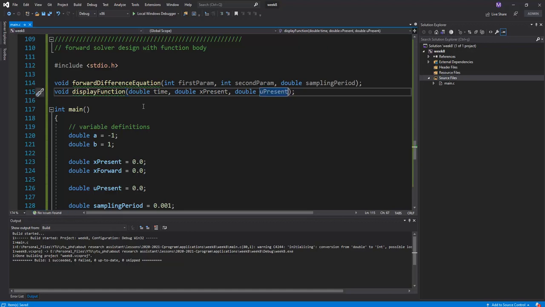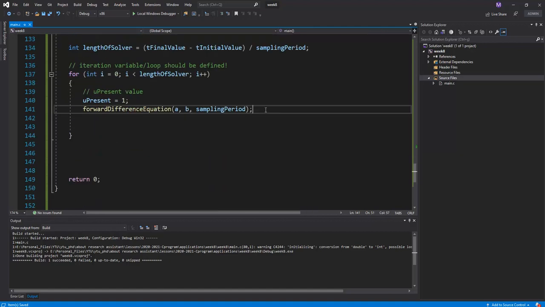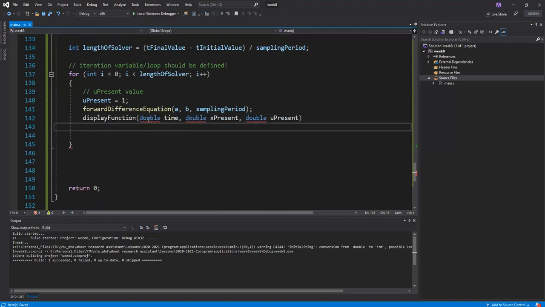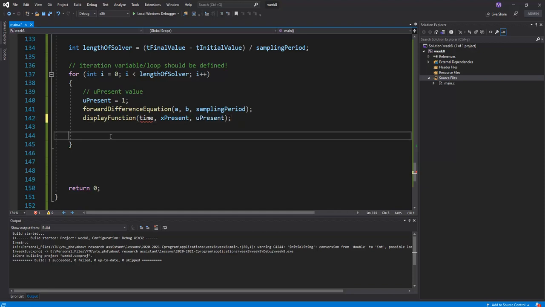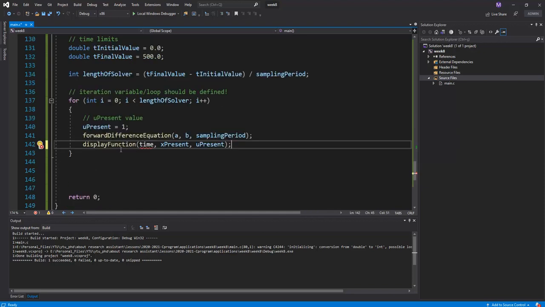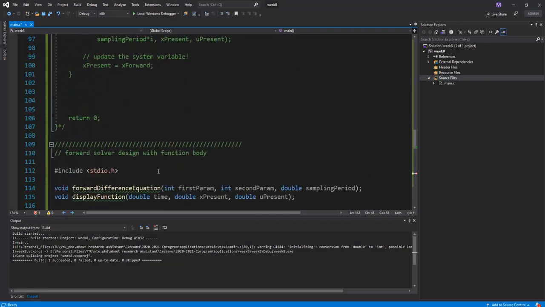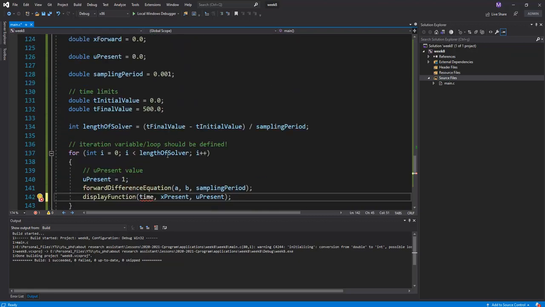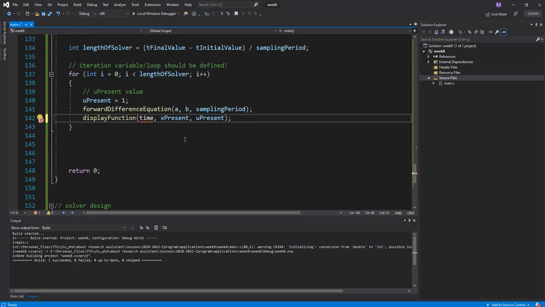Okay, and so we should also call these function blocks in here like this one: time parameter, x present parameter, and the u present. Okay, and so if I run it, the forward difference equation can be called and the display function can be called and generates the previous results in our console debug section.